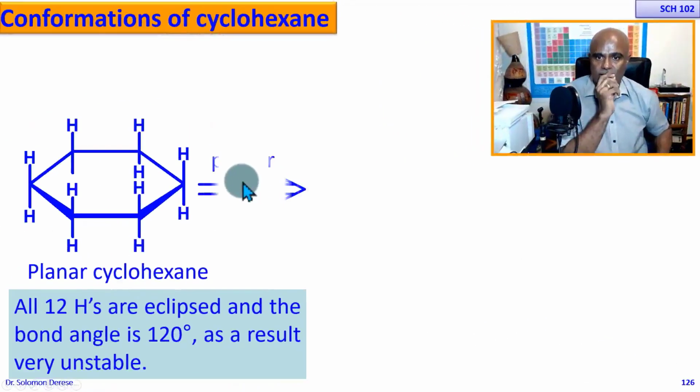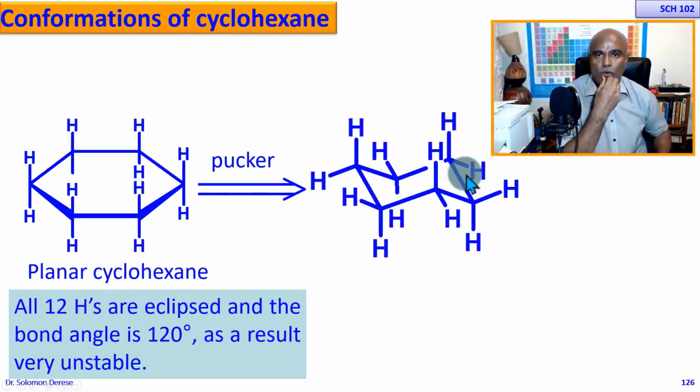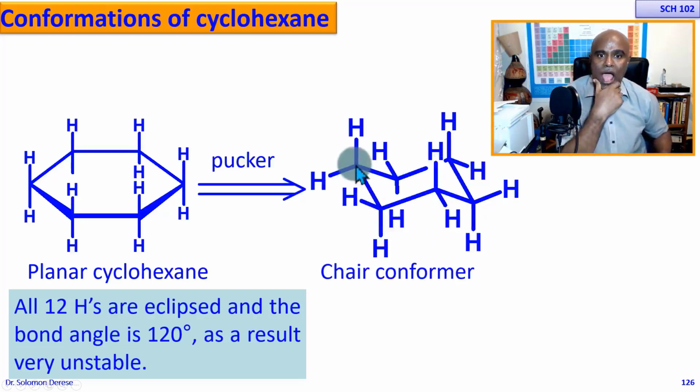So this conformation, it can adopt by taking this one up and the other one down. So when it puckers by rotation across its carbon-carbon single bond, it will adopt this conformation. This is the most stable conformer of cyclohexane. This conformer is called the chair conformer. As I will show you in a short while, this actually looks like a chair.